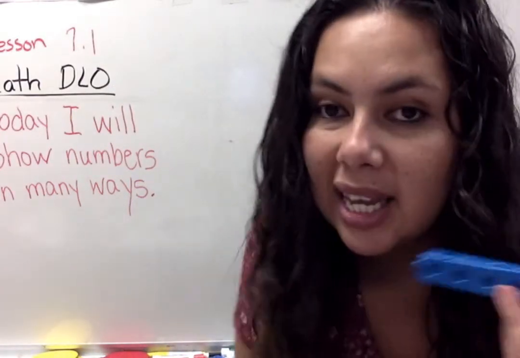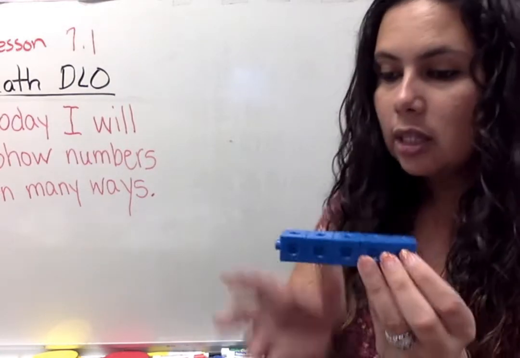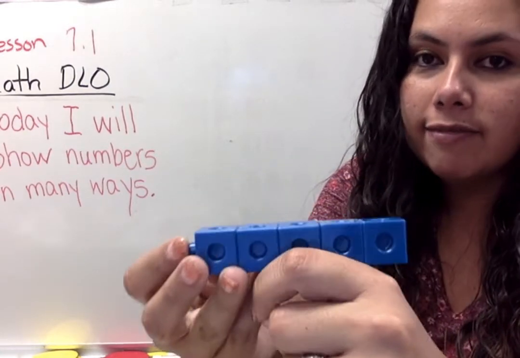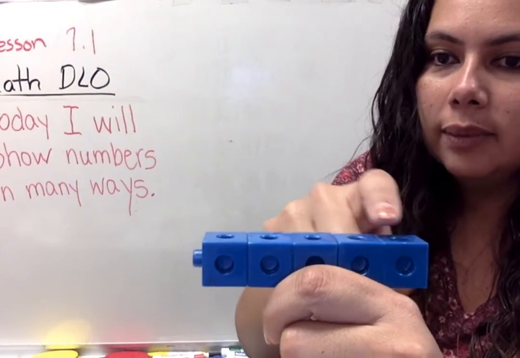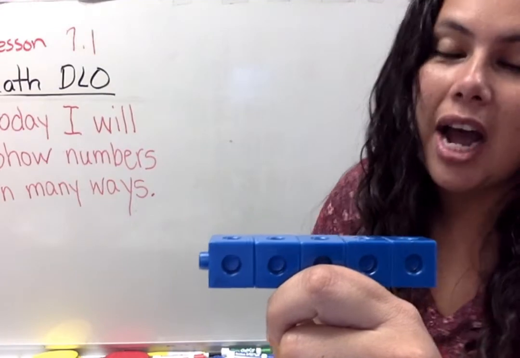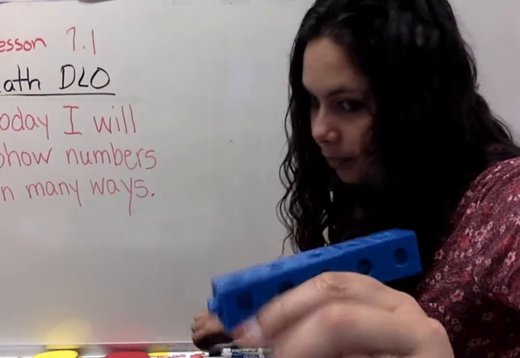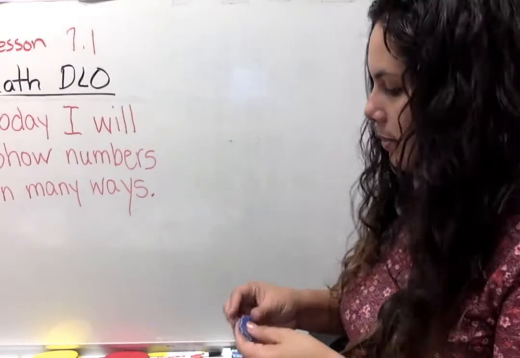So we're going to try to make it up to 5 because that's the number we've been practicing to, all right? So this one right here, I have 1, 2, 3, 4, 5. I have 5 cubes. Put this down so you guys can see it up here.